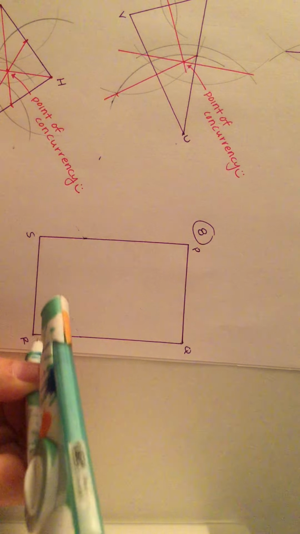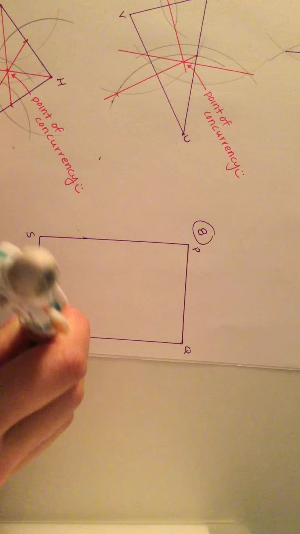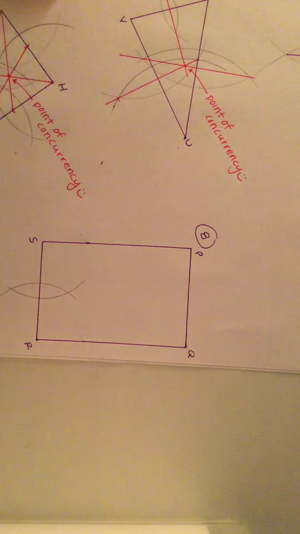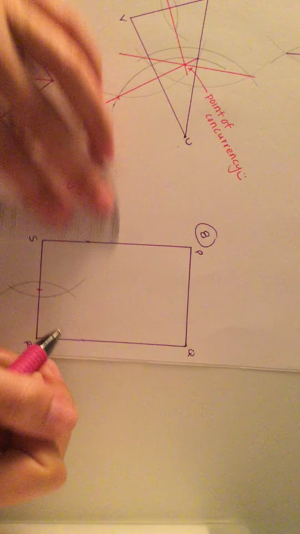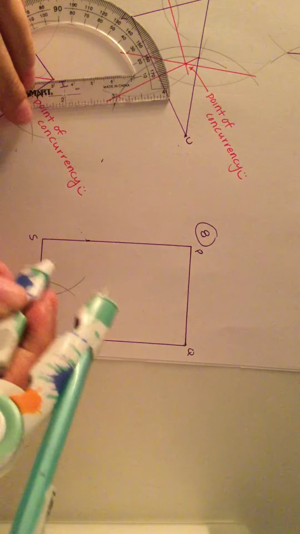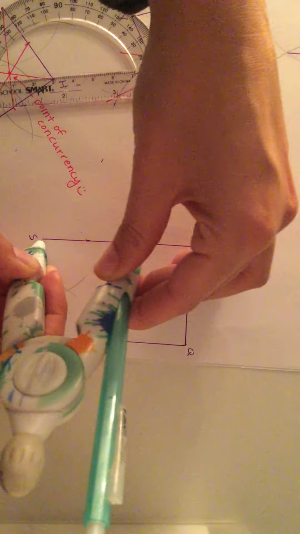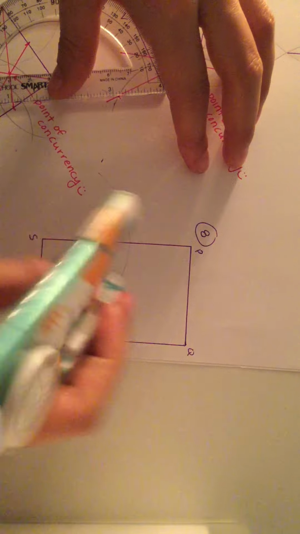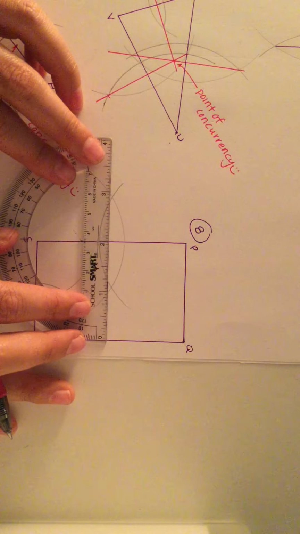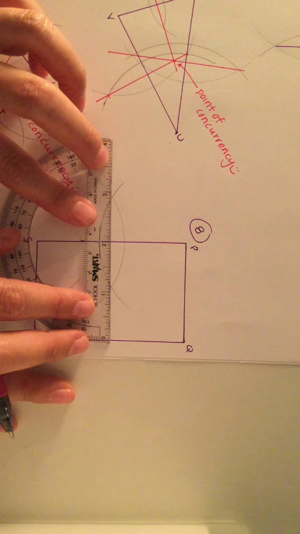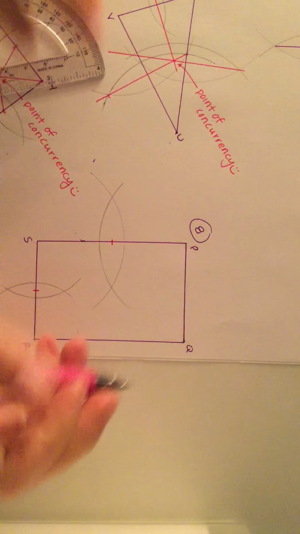All right, finding the midpoint. Put your compass point on R, open it more than halfway, draw an arc, turn it around to come to point S, keeping the same compass setting. Line it up. And there's my midpoint. Next, I'm going to find the midpoint of SP, open it more than halfway, draw your arc, turn it around to point P, draw the same arc, line up the points of intersection, and we have our midpoint.